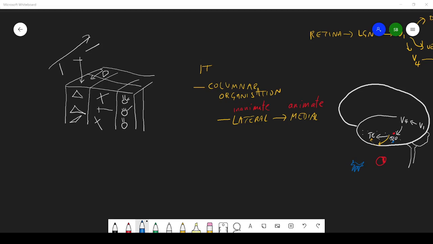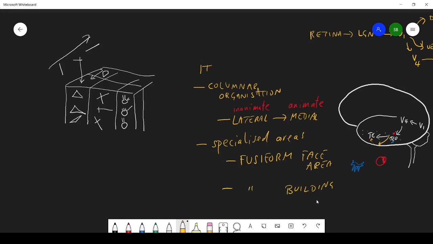On top of this, you also have some quite specialized areas such as the fusiform face area and the fusiform building area, which appear to respond to these specific stimuli.